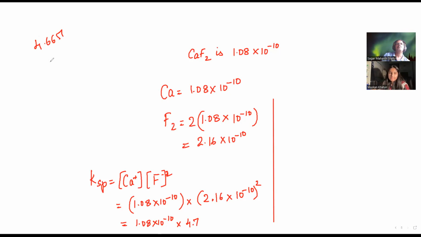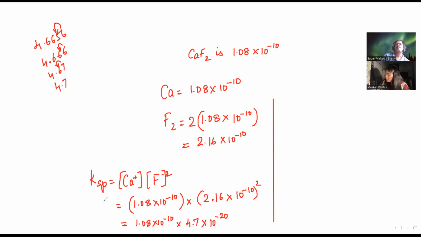Because of 4.66, here we have a 5 and the next decimal is more than 5. So I can round this off to 6. So now because it is more than 5, this would become 4.67. And because we have a 7 after 6, this would be 4.7. So I've just rounded it off. Times 10 to the power of minus 10 times 2 would be minus 20.